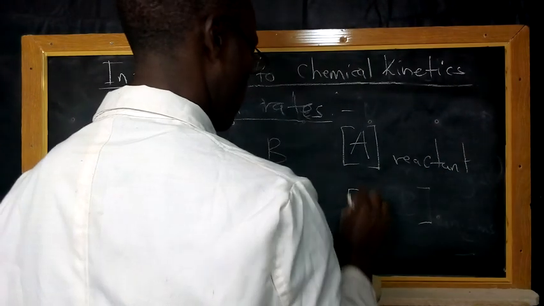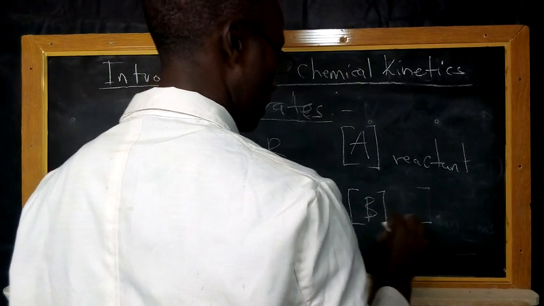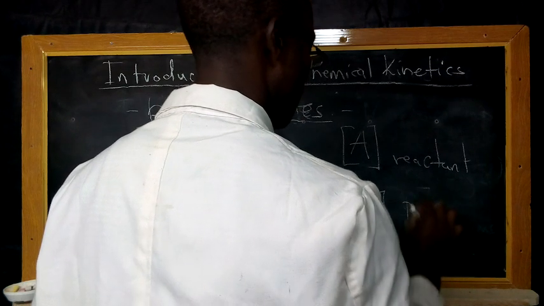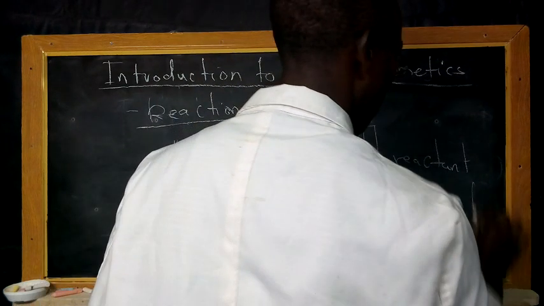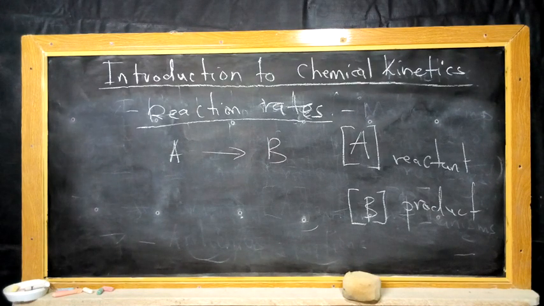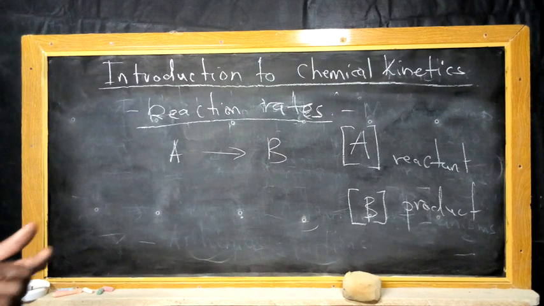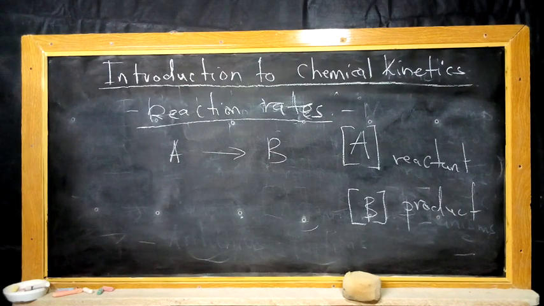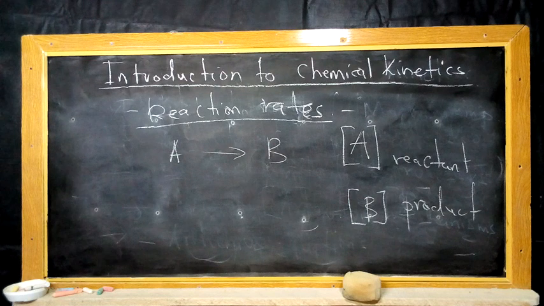And the square brackets of B is a product. So this implies the concentration of reactants and products in particular. So how do we measure the concentration of the reactant and the product in that case?